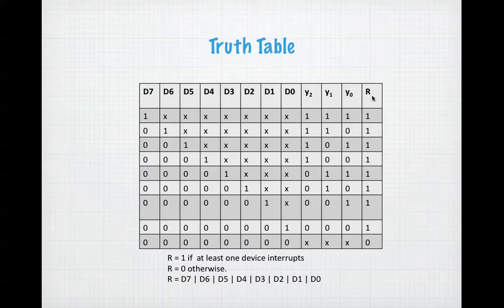So we can say that the request output or signal is equal to 1, as it is stated here, if at least one of the devices makes a request or interrupts the processor, and 0 otherwise.